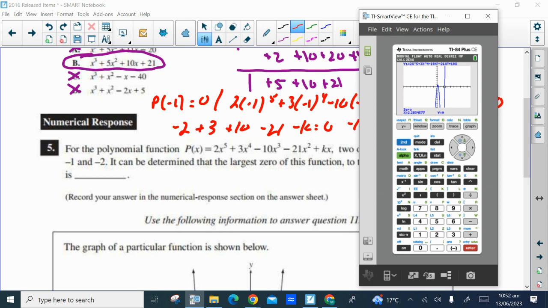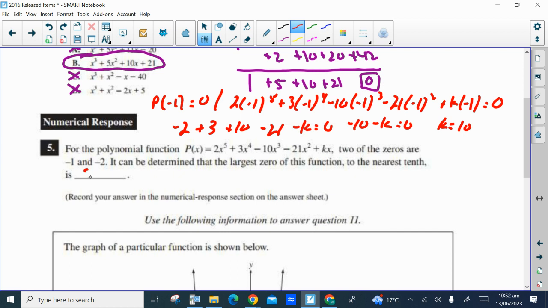Let's see. So to the nearest 10th, it'll be 2.3. Okay?